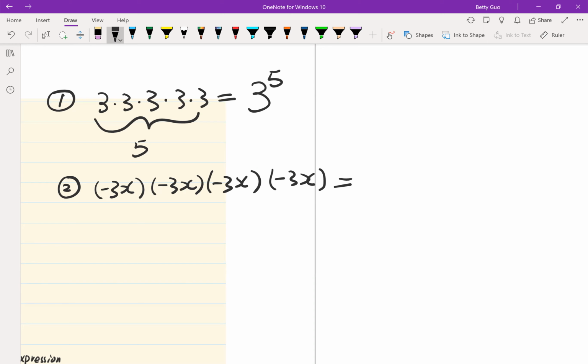What's the base? Negative 3x. Be very careful. The base is not 3x, it's negative 3x. So you need to have a parenthesis to frame negative 3x. What's the exponent? 1, 2, 3, 4.